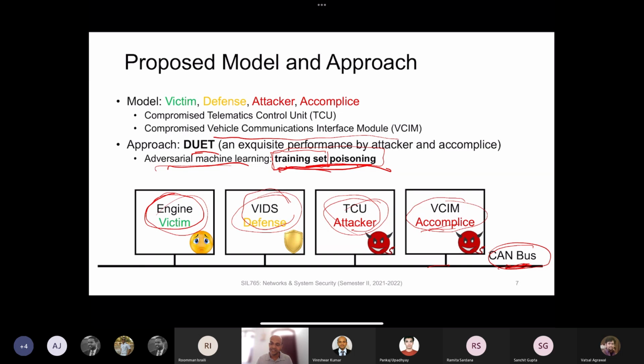But in order to do that, we need two attackers, and we justify that it is always possible to have two adversaries connected to the bus. Is that logic clear to everyone? Yes.